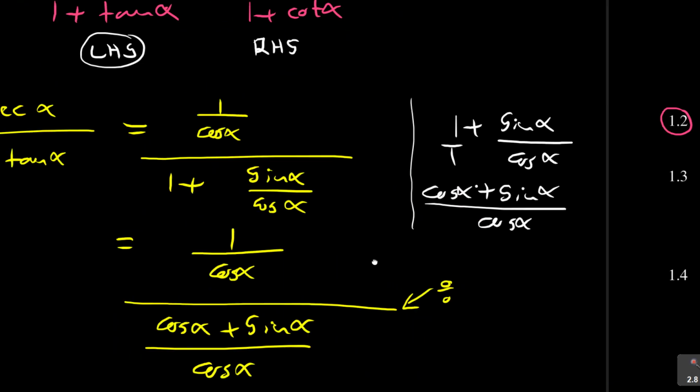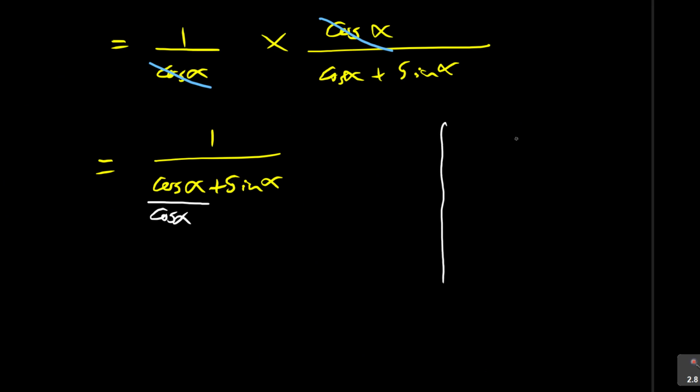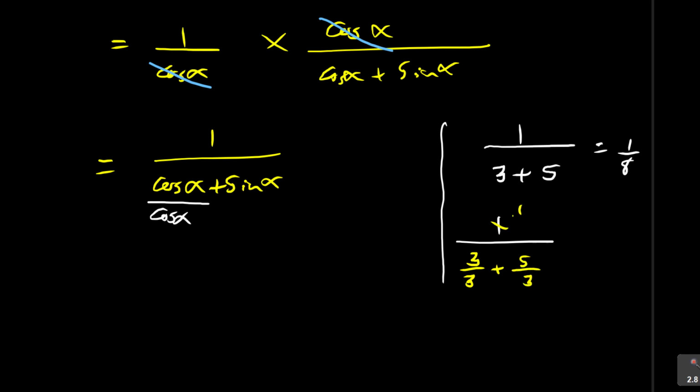In fractions, look at this: if I have 1 over 3 plus 5, that's simply 1 over 8, but let's say I want to divide by 3. Then I need to do each and every item: 5 over 3, and 1 over 3 for the 1.